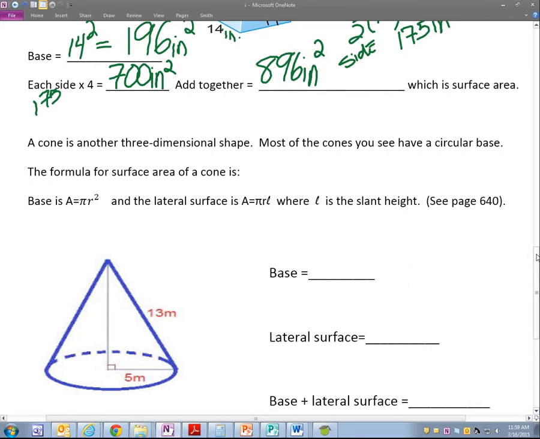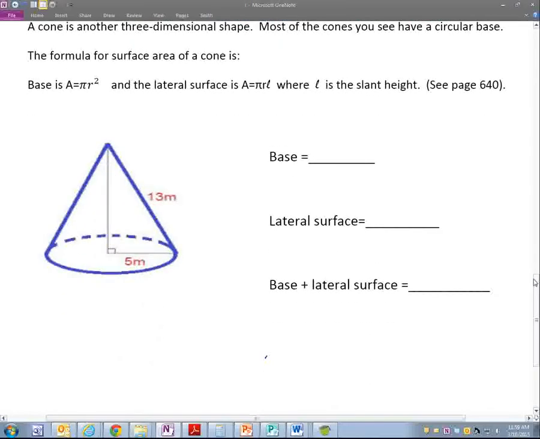We have our base, which is going to be pi r squared, which is going to be pi times 5 squared, which is 25 multiplied by pi, which we're going to use 3.14 today, please.